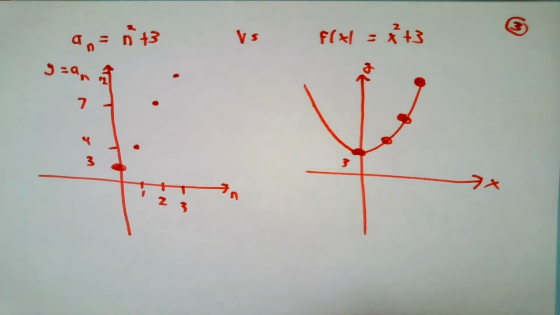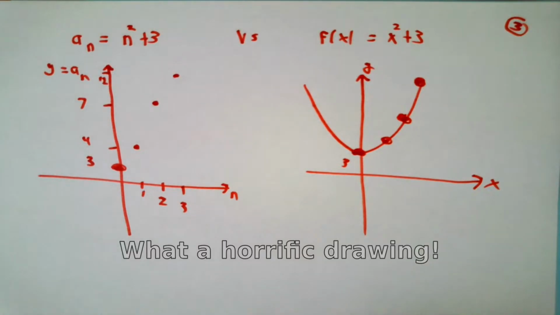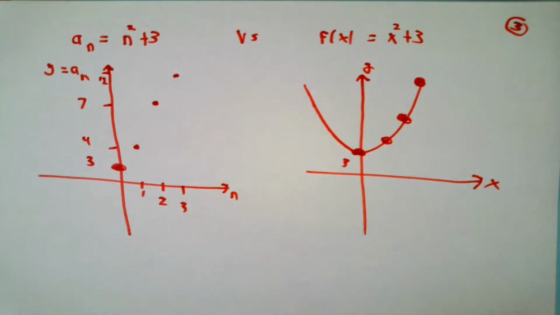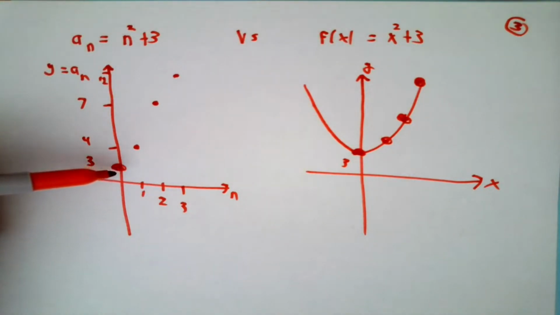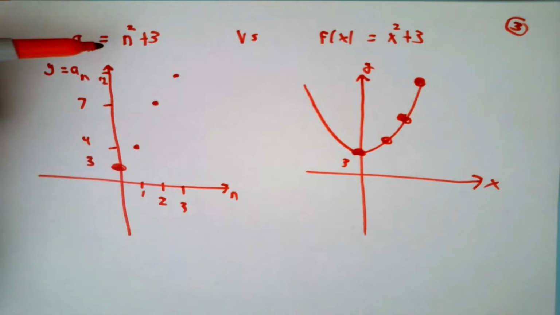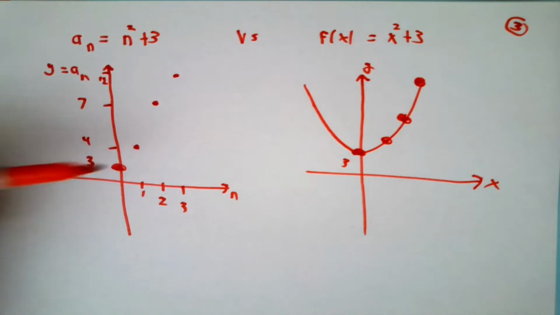I can think of the graph of one of these things as well, but I just have to remember that for a function of this new type, which we're going to call a sequence, I don't have connected dots, I only have isolated ones. So if I started counting at 0, 0 squared plus 3 would be 3. There would be a dot on my graph.